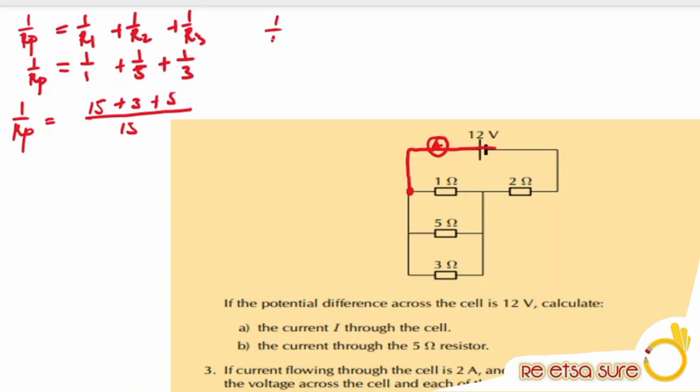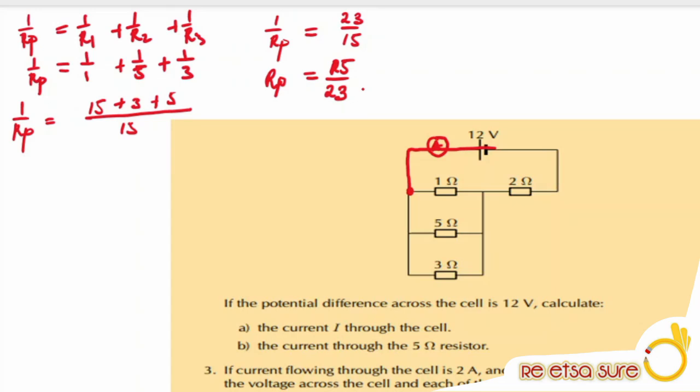So 1 over Rp is equal to 23 over 15. So if I want to make Rp the subject of the formula, Rp is equal to 15 over 23.